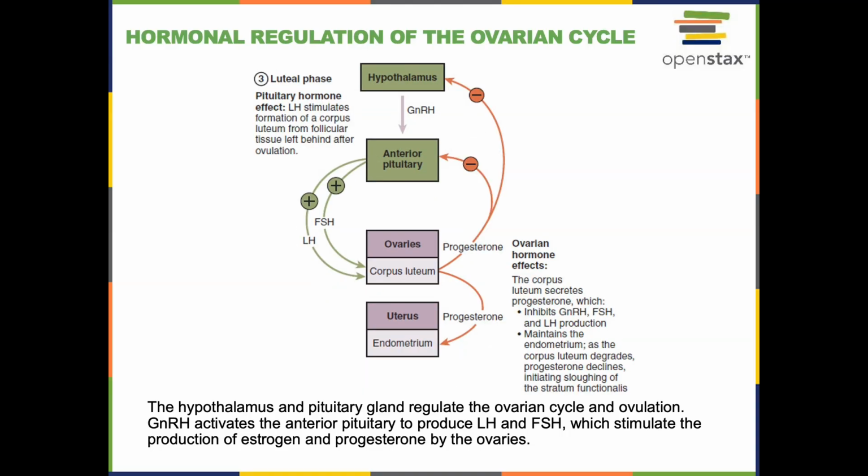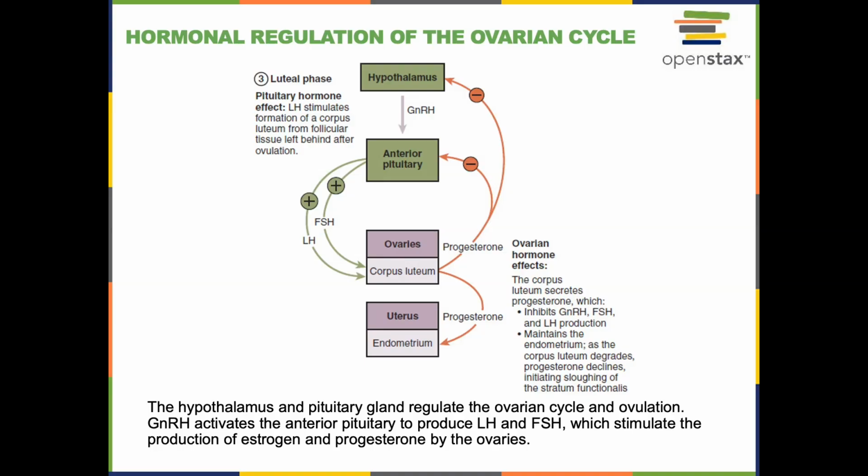Following ovulation is the luteal phase of the ovarian cycle, where the corpus luteum in the ovaries produces progesterone in large amounts in response to luteinizing hormone. Progesterone will stimulate secretions from the glands in the endometrium and help to maintain the endometrium.